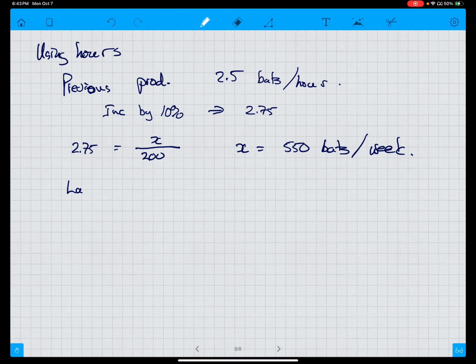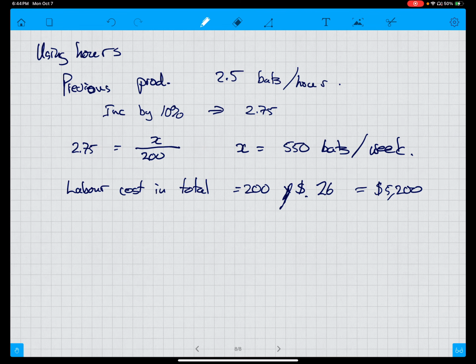Labor cost in total is equal to 200 hours times $26, which is $5,200.